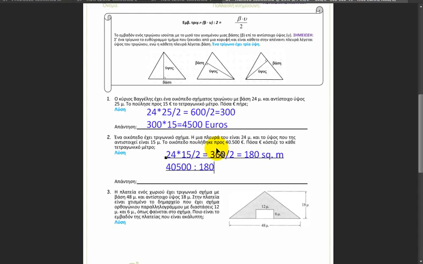Let's see. 40,500 divided by 180. What we are going to get is 225. So my final answer should be that each square meter cost 225 euros.